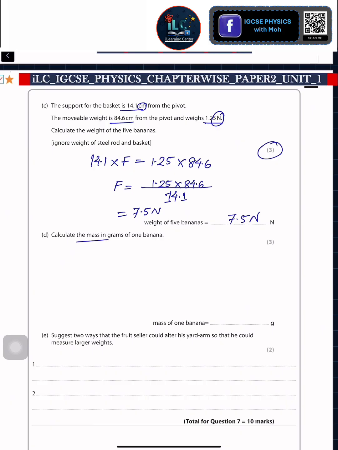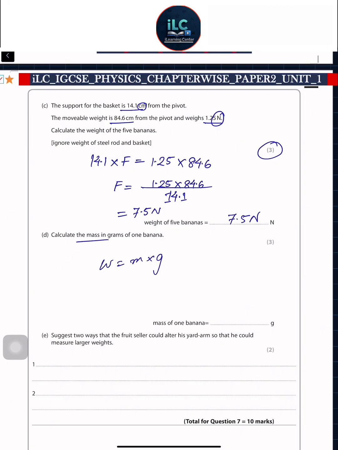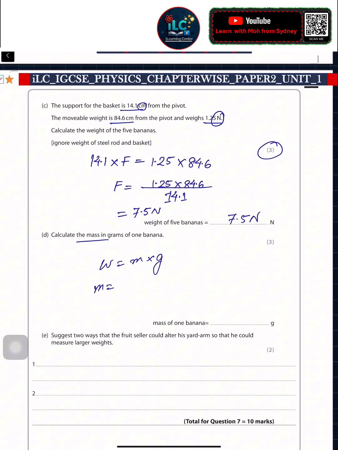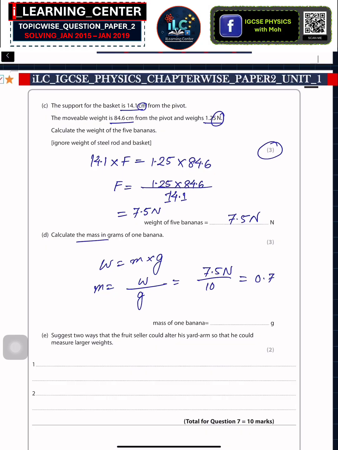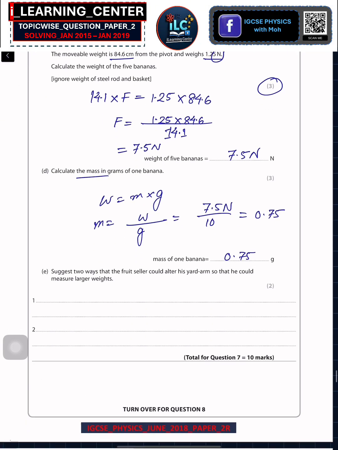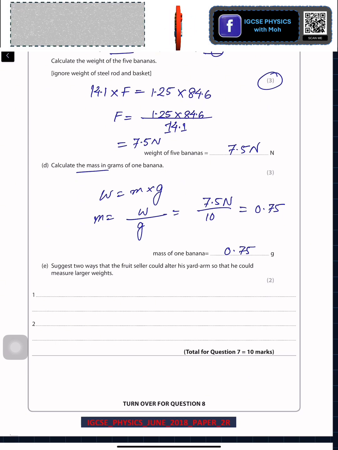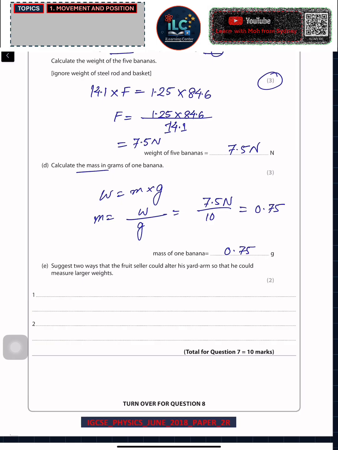The next one is very easy, mass. So we know weight is equal to mg, and you want to find your mass. So mass is equal to weight divided by gravity. Weight is 7.5 Newton divided by 10. 0.75 is the answer. And then of course you want to do more, but remember, they are asking you to find the mass for one banana.